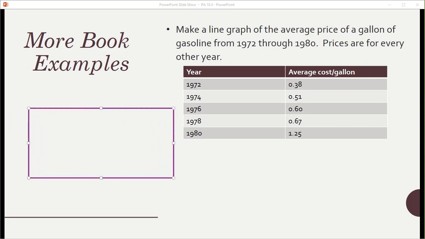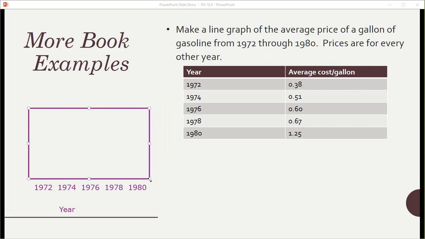So on the bottom, I know that I'm dealing with years. I'm going to go by twos here. So there is our data for our years. And then along the side, I'm dealing with the cost per gallon.